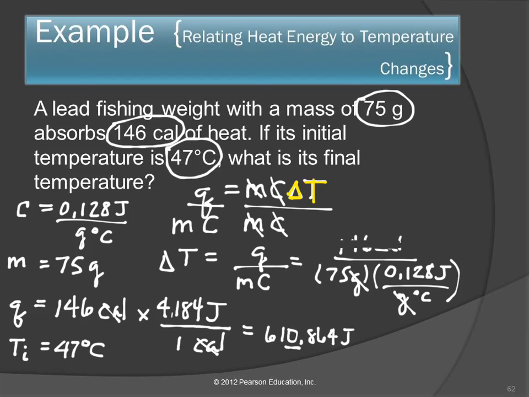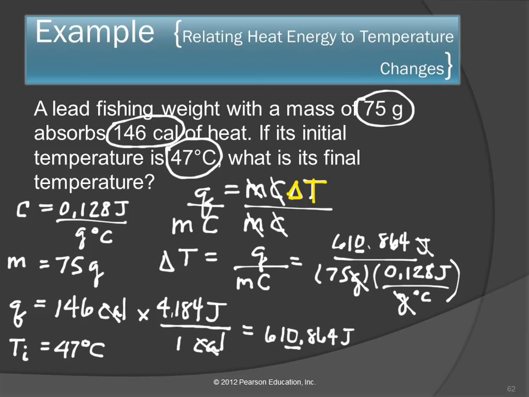So I'm going to erase this and write 610.864 joules. That's a 6. And the uncertainty is right there.